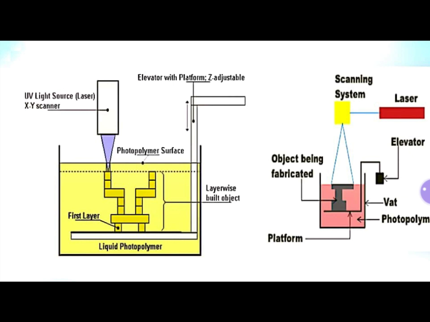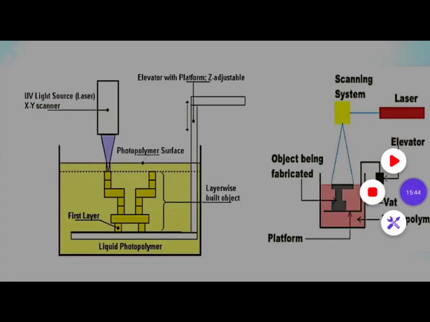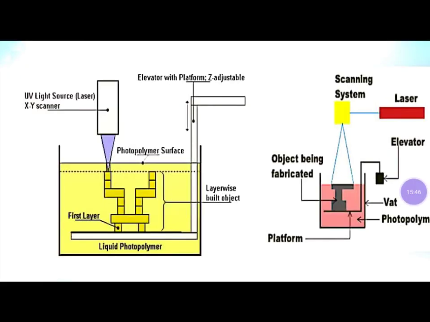So, depending upon the data available, the light is going to be incident on the surfaces of photopolymer resin. Here the material is going to be hardened layer by layer as per the thickness of the slice.